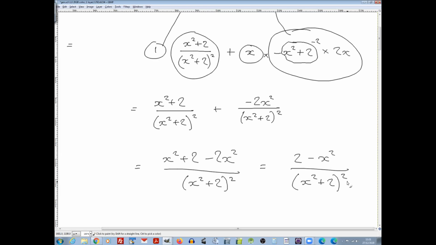There's no way to simplify that. You could split it into 2 fractions, 2 over this square minus x squared over this square, but it's not going to lead anywhere good. This is our derivative, basically.